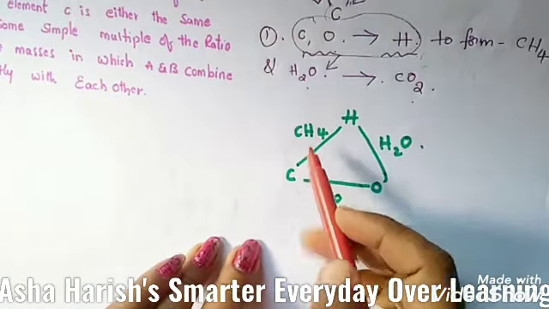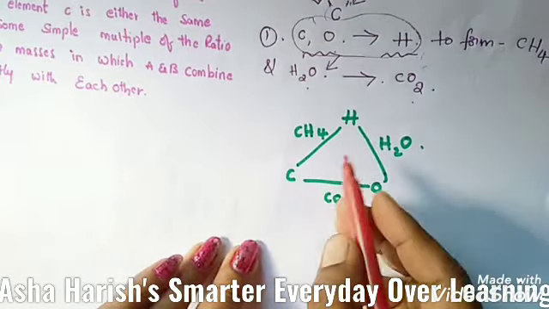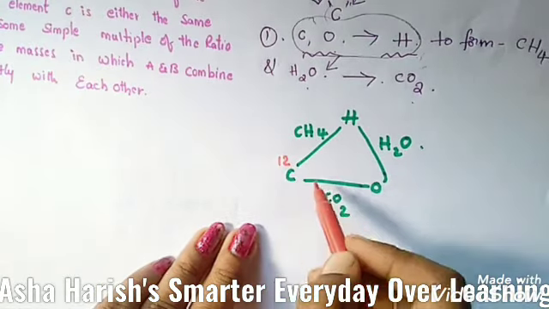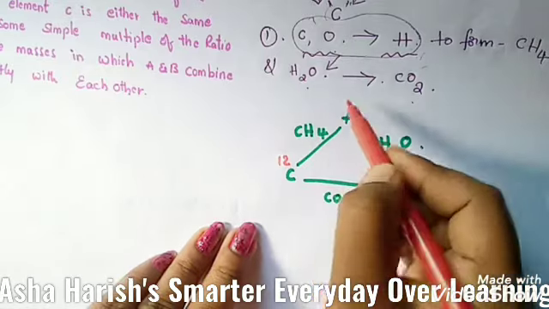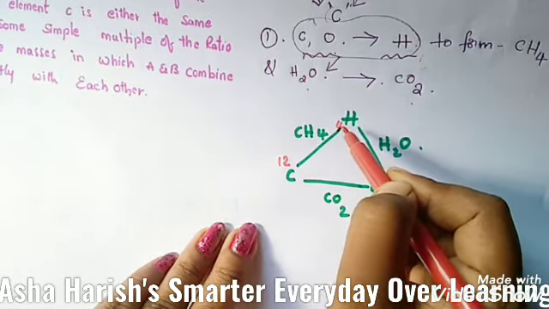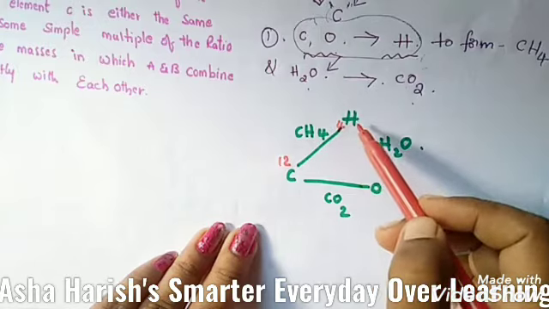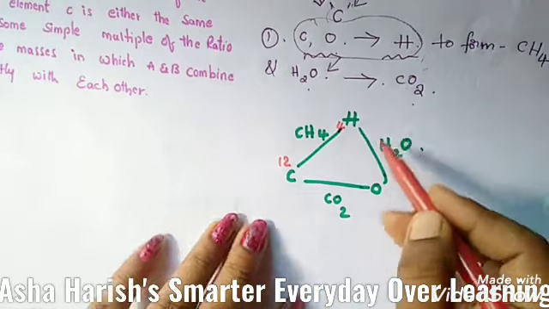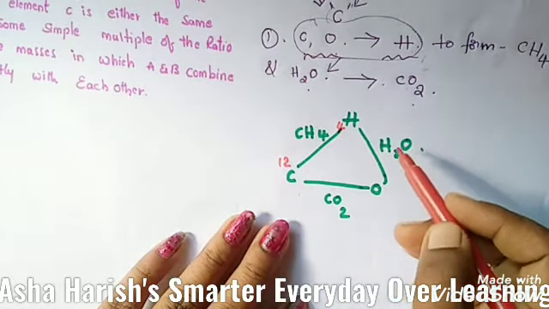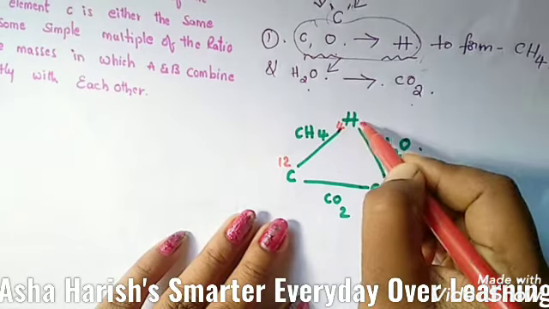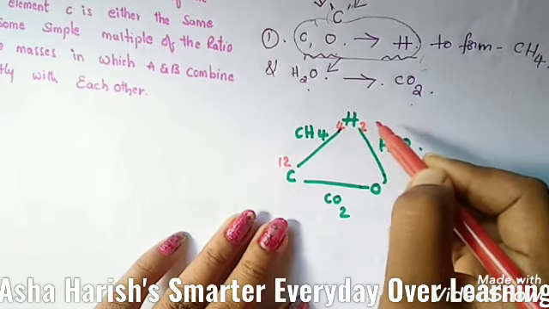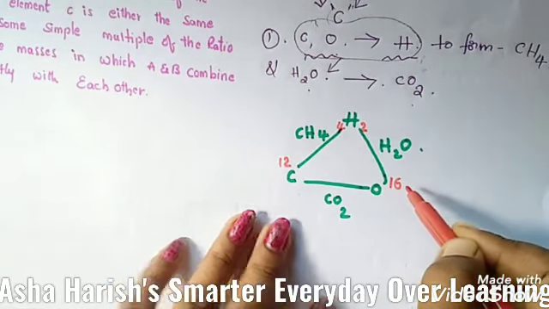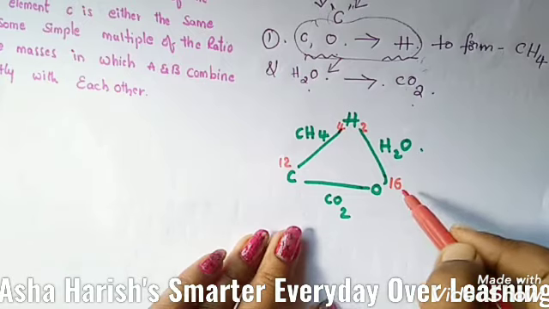In the formation of CH4, 12 parts by mass of carbon, here is the carbon. So how many parts, students? 12 parts by mass of carbon combined with 4 parts by mass of hydrogen, then CH4 will be formed. In the formation of H2O, 2 parts by mass of hydrogen combined with 16 parts by mass of oxygen.